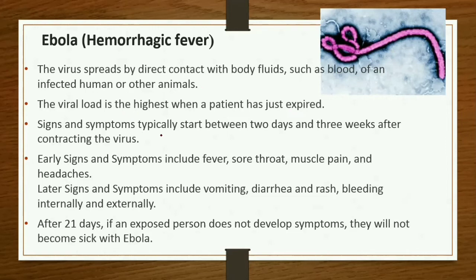Then signs and symptoms typically start between 2 days and 3 weeks after contacting the virus. There are two kinds of symptoms: early symptoms and later symptoms. Early symptoms include fever, sore throat, muscle pain, and headache, and later symptoms include vomiting, diarrhea, rash, and bleeding internally and externally.